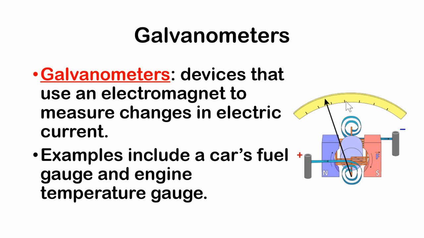So how does this work? Basically, we have a north and south pole permanent magnet. And then we have some kind of electrode. And an electrode is an electronic component that provides an electric current depending on what you're doing.